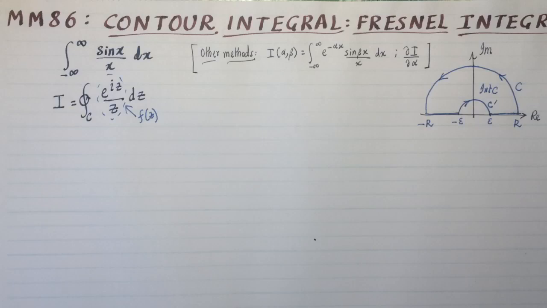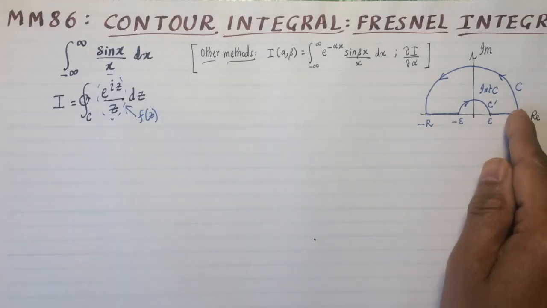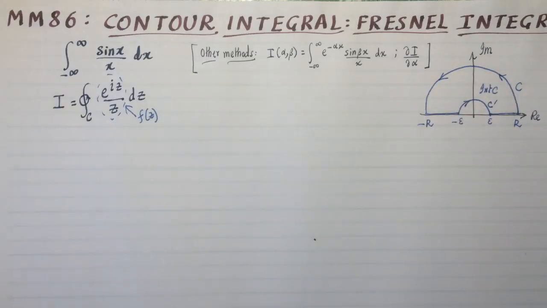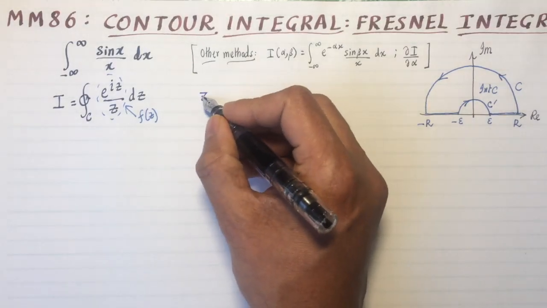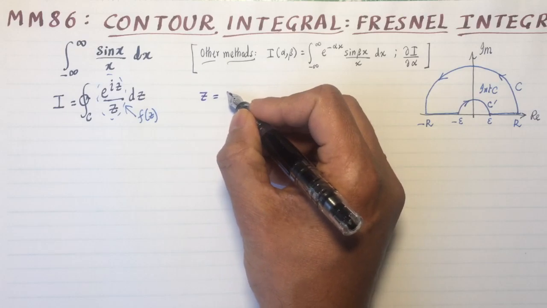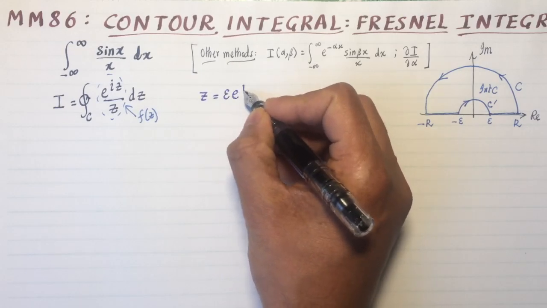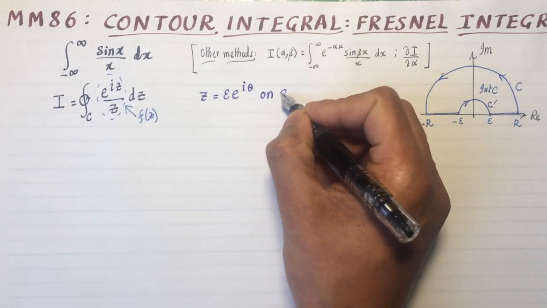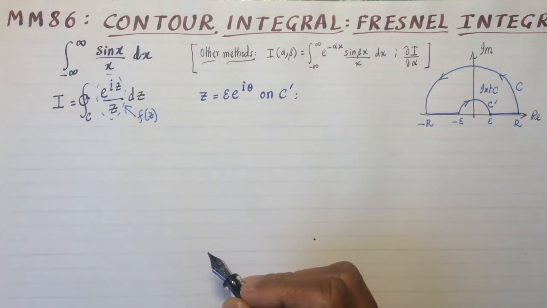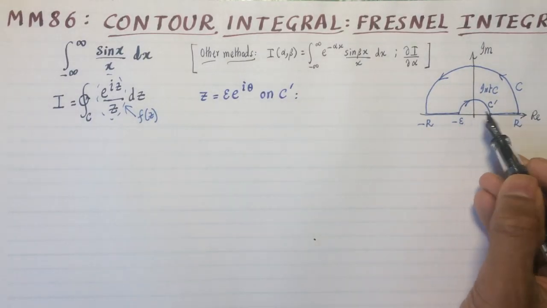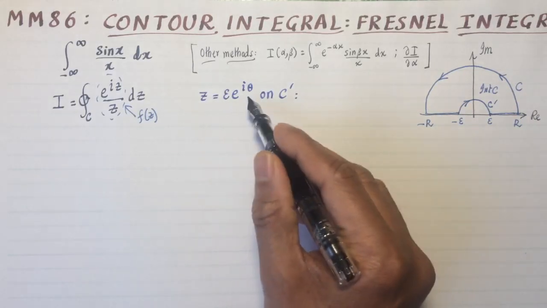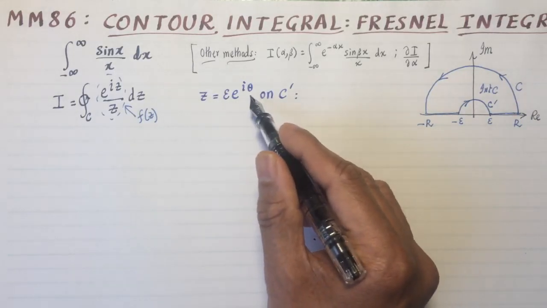Now what we're going to do is parameterize the complex number. Complex numbers are parameterized using Euler's formula. So z equals epsilon e to the i theta on the curve C prime. These contour integrals have to be done on the curve, so you have to make a way of writing the complex number on the curve.